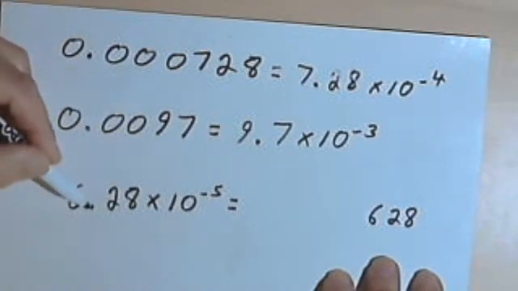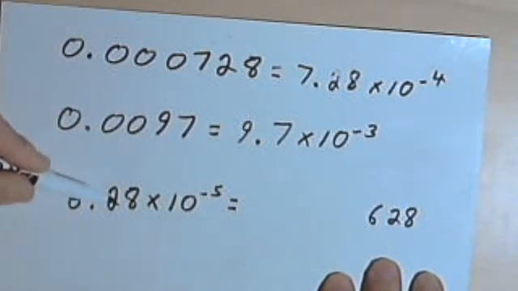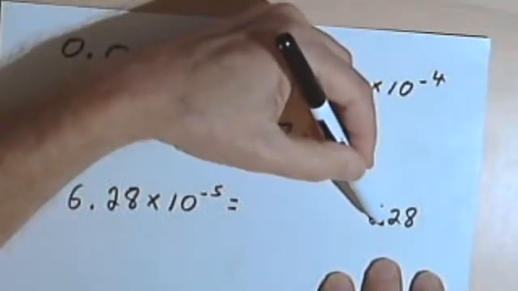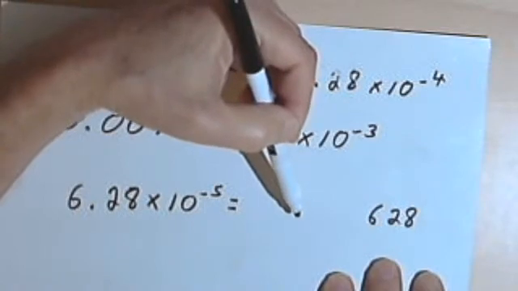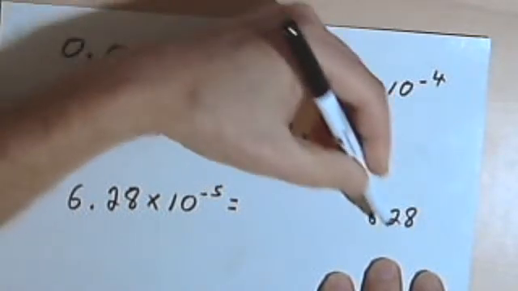So I'm going to go to where the decimal place was in my original number. It was 6.28. And in my new number, I'm going to go from the place after the 6 backwards to the left 5 decimal places.